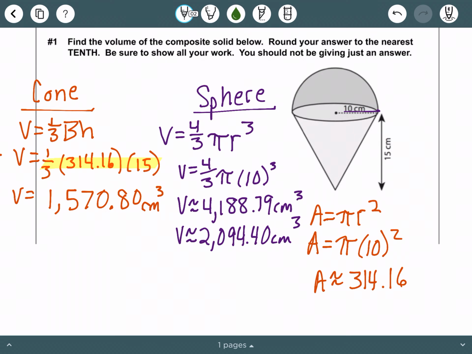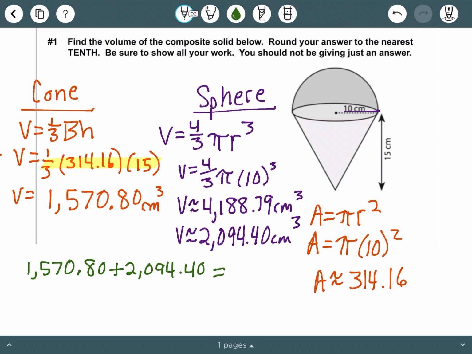So we're going to take our 1,570.80 centimeters cubed and add that to our 2,094.40 centimeters cubed. And what is it going to give us? Let me plug it into my calculator.